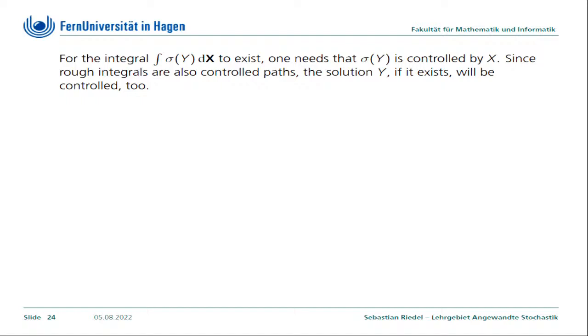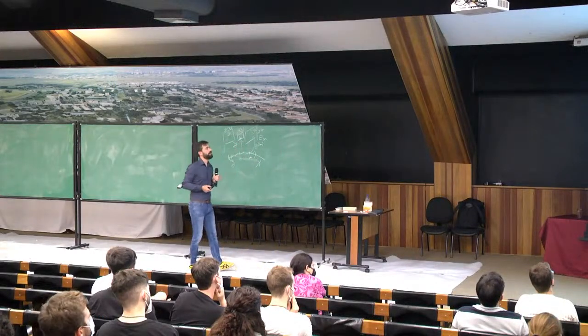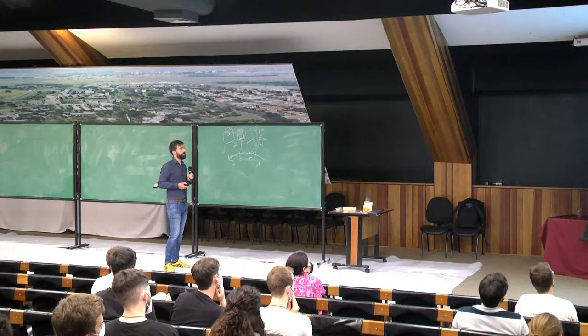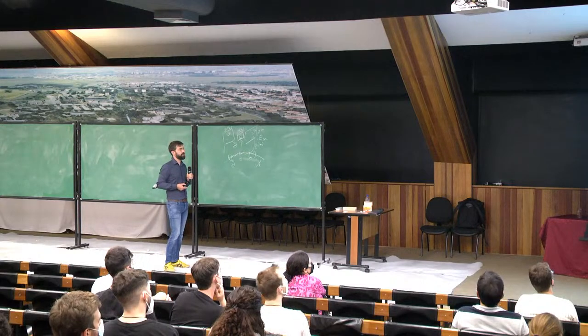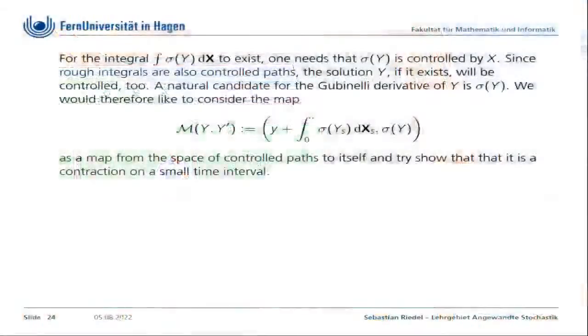Therefore, the solution y itself, if it exists, will be controlled too. And the natural candidate for the Gubinelli derivative would be just what we integrate, the integrand, which in this case would be sigma applied to y.